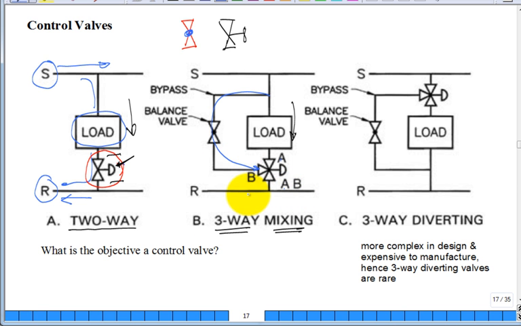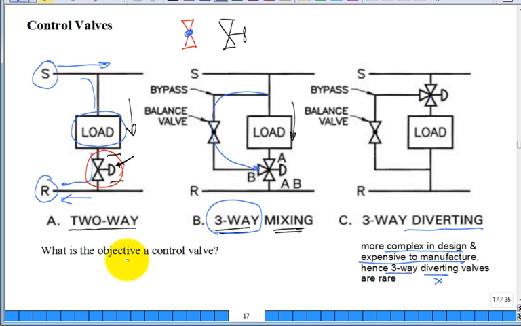And so you'll see a lot of three-way mixing valves out in practice. You could also theoretically have a three-way diverting valve. It's up here. Conceptually, it would be not much different at all, but it's internally more complex in the design and expensive to manufacture. Hence, if you see a three-way valve, it's typically like, no, it's not a diverting valve. Those are rare. It's a mixing valve. Okay? So a three-way valve.